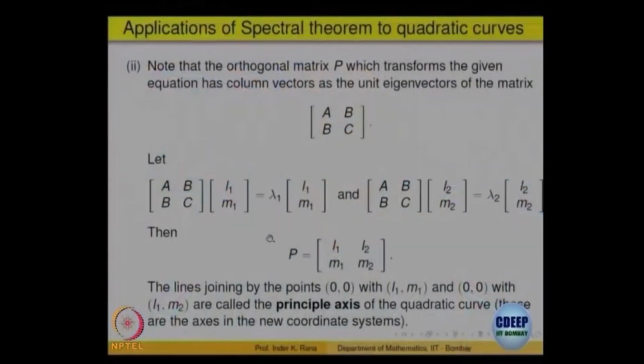This theorem is normally also called the principal axis theorem. If you join L1 M1 with the origin, you get one line, and L2 M2 you get another line, that is going to be the axis for the canonical form. Let me look at one example to illustrate this idea.